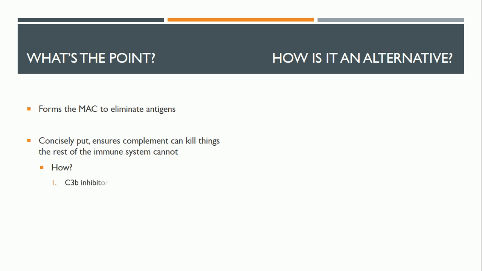Okay, so C3b inhibitors are present on host cells. Okay, so C3b inhibitors are not going to be present on these antigen cells, right, or antigen surfaces.